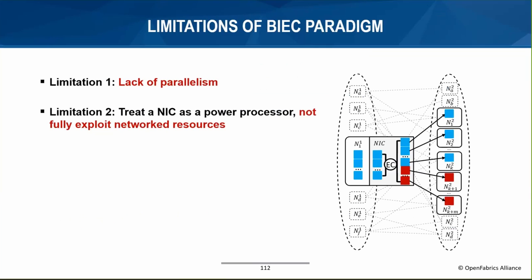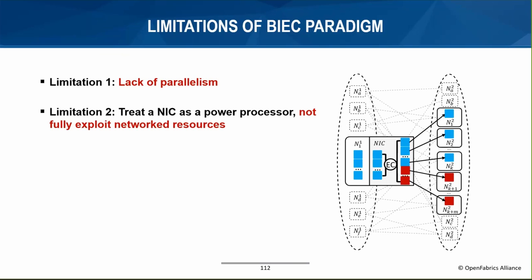They just wait on the parity chunk or data chunk. So the first limitation of BIEC is lack of parallelism. The second limitation is that in current designs, the driver or the OFED still treats a NIC as a parallel processor and does not fully exploit network resources.